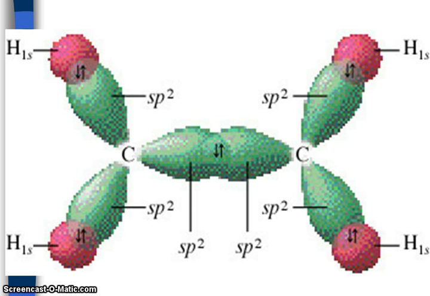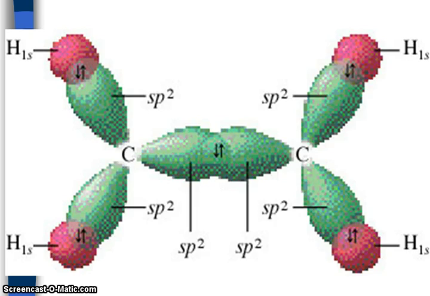So now let's look at what we've developed so far in this ethylene molecule. Each of our carbon atoms is sp2 hybridized. Two of those sp2 hybridized orbitals will overlap with the one s orbital on hydrogen.